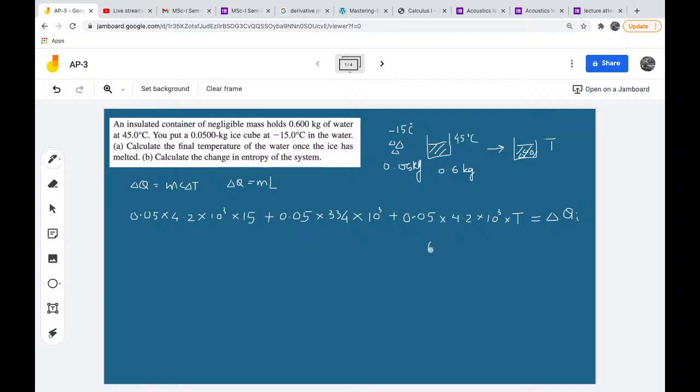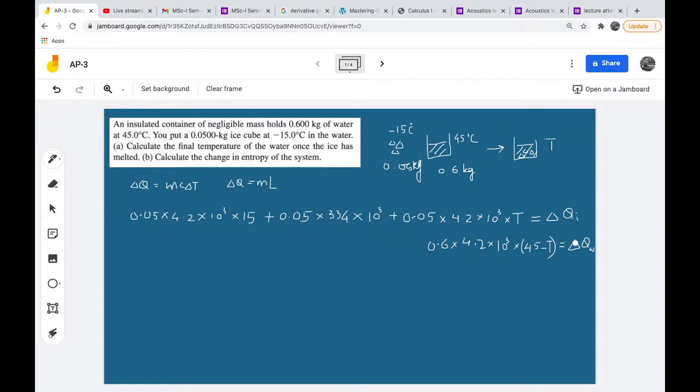I will write here 0.6 kg m into this very term, 4.2 into 10 power 3, into, now how much is the temperature change? So the initial temperature is 45 and the final temperature we have assumed as T. So 45 minus T is your temperature change, and this is the heat lost by the water.